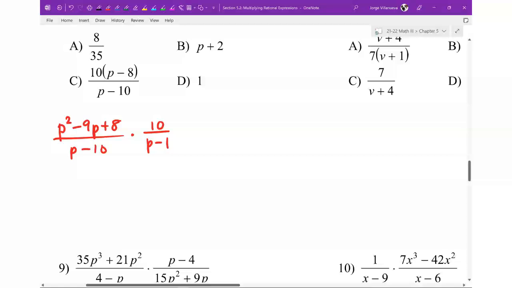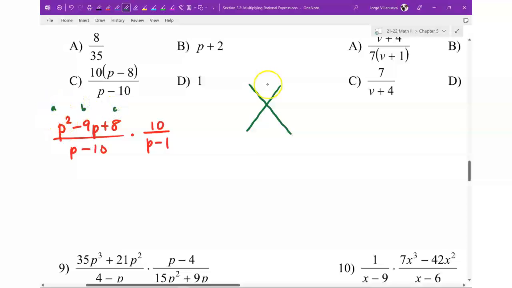Now let's look at the fraction on the left side, the p squared minus 9p plus 8 over p minus 10. Now, on the bottom, p minus 10, I can't factor that. There's nothing I can take out. But the top left corner, I can. So I'm going to have to use an x method, okay, with the p squared minus 9p plus 8. So a, b, c.